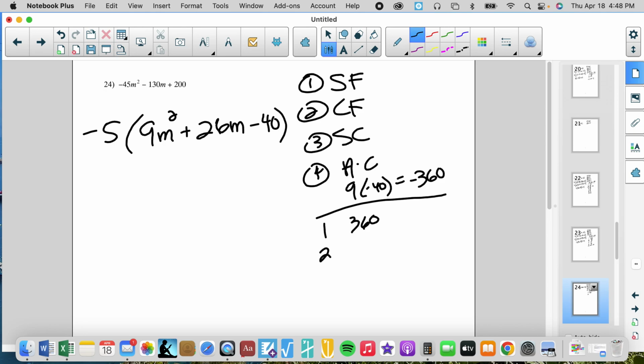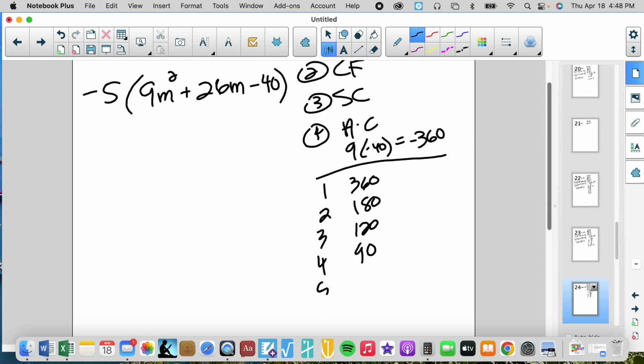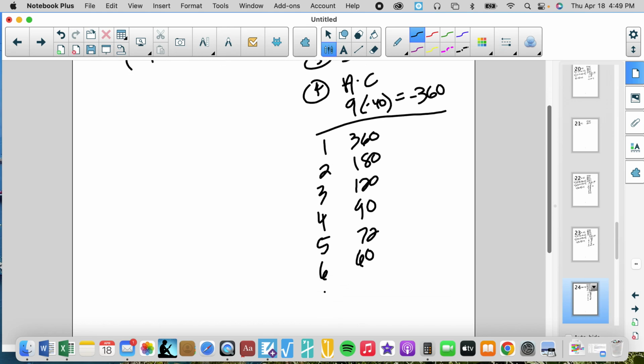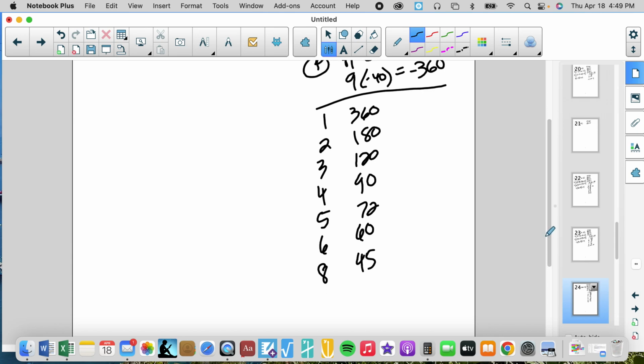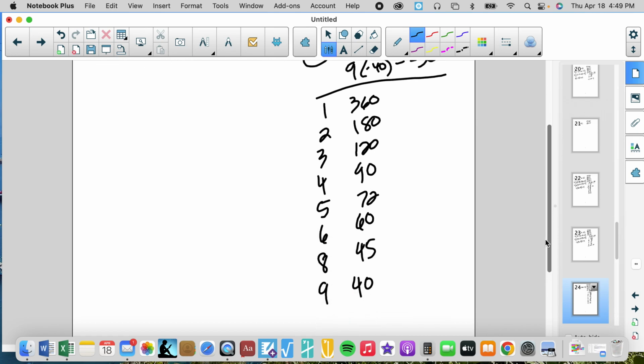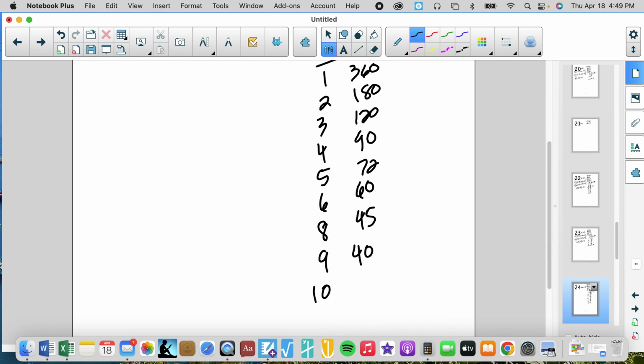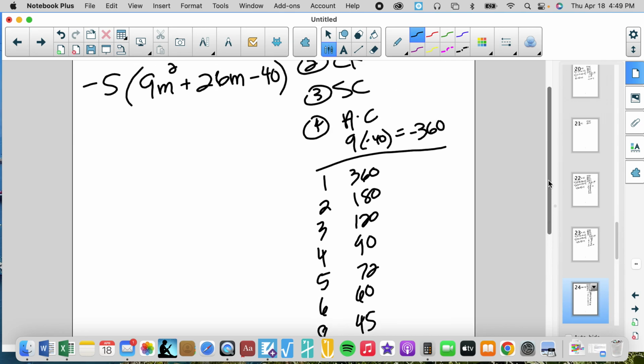Subtraction to make 26. 2, 180. 3, 120. 4, 90. 5, yes. 5 and 72. 6, yes. 6 and 60. 7, no. 8, yes. 8 and 45. 9, yes, and 40. Not 9 and 40. 10 and 36. Oh, there it is.